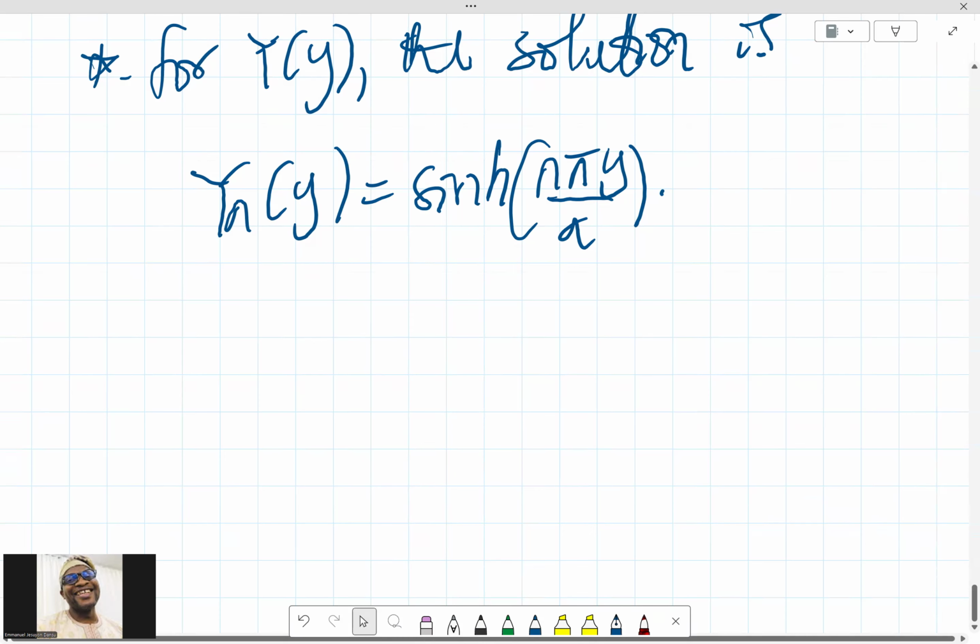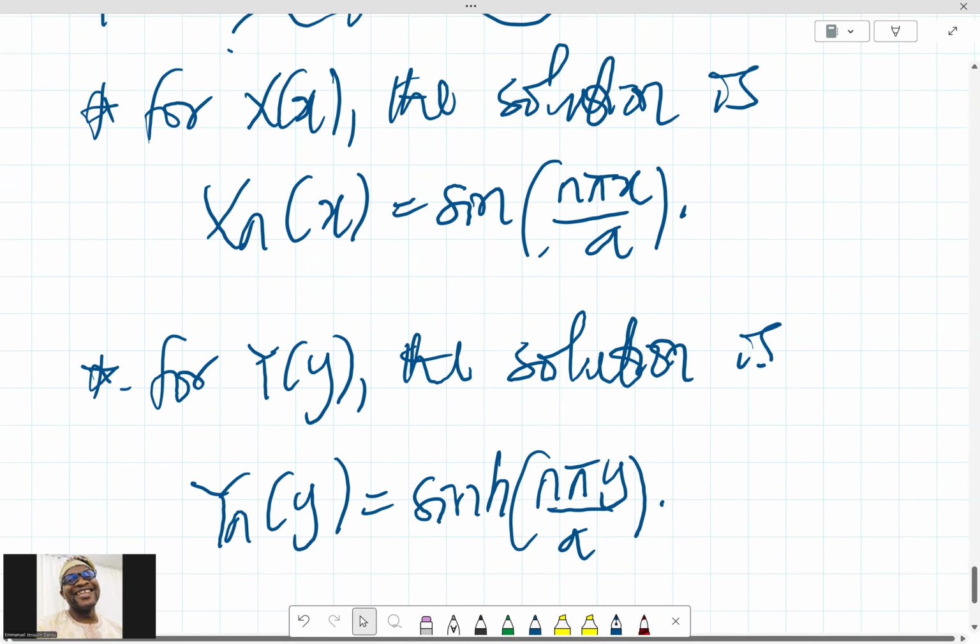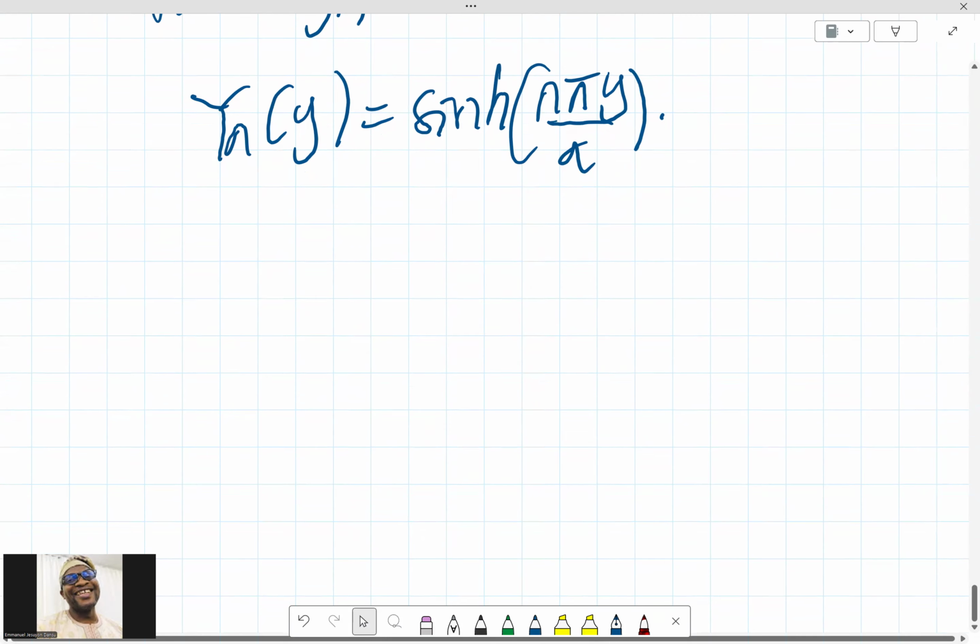And then we have the general solution after solving the ODEs.